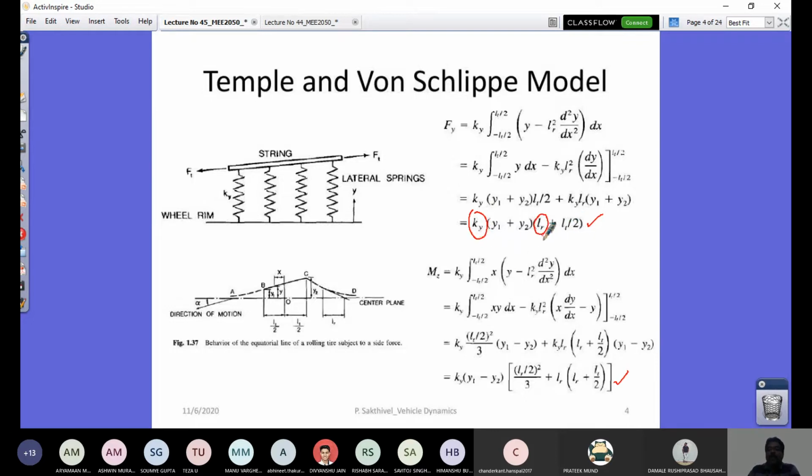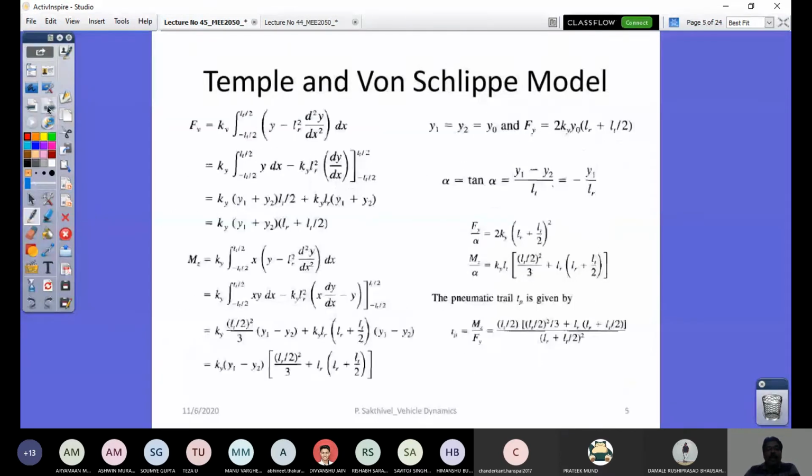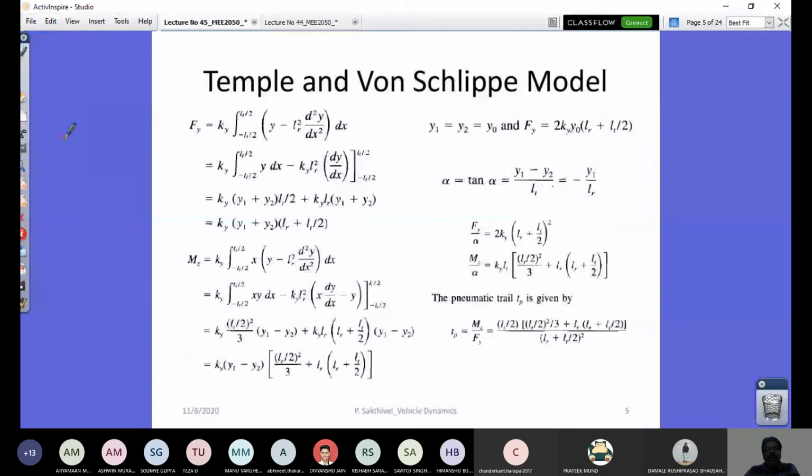So the determination of them is a very tedious process. That is where experiments were recommended, wherein through experiment you are able to get your side force per unit slip angle and self-aligning torque per unit slip angle. So having this expression, additionally having the expression of Fy where the tire is not rolling, these three equations could be used to get defined. One is the pneumatic trail, wherein this expression you see ky disappeared.